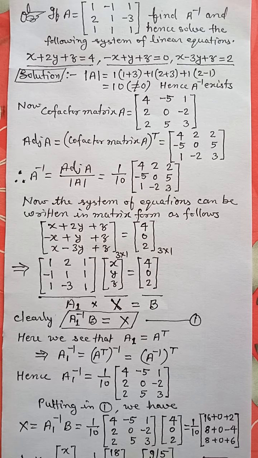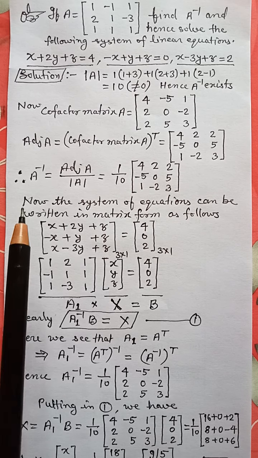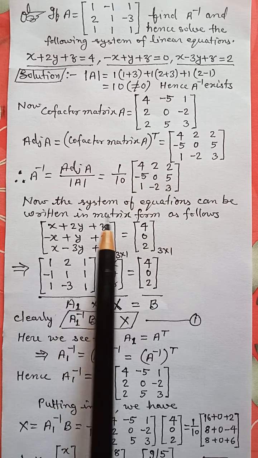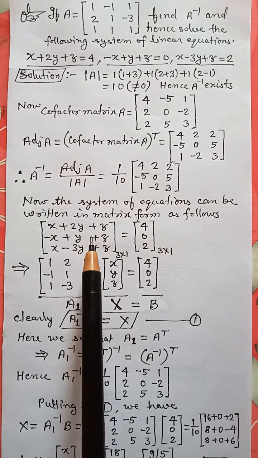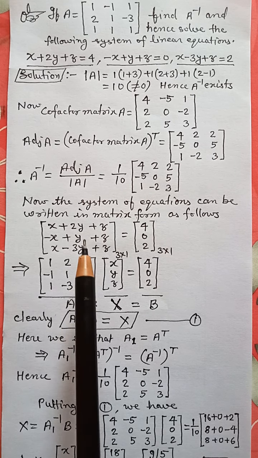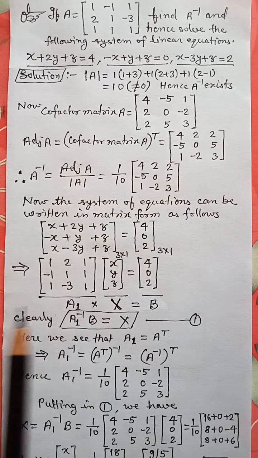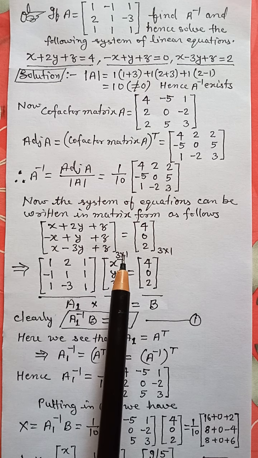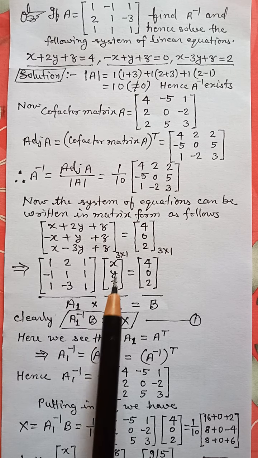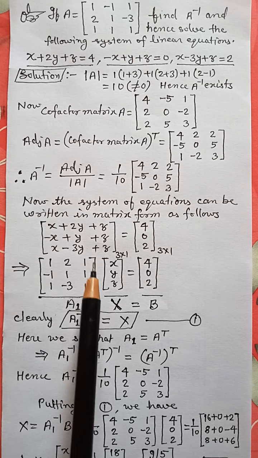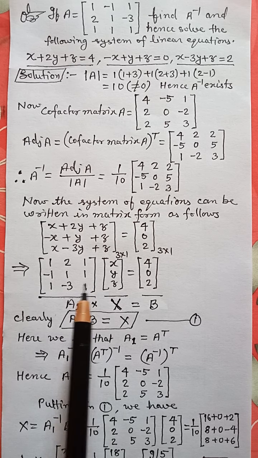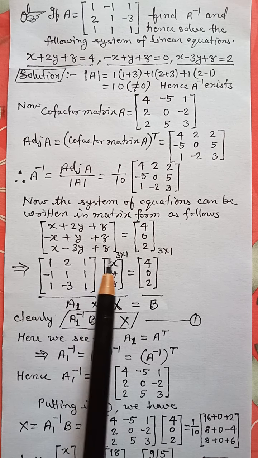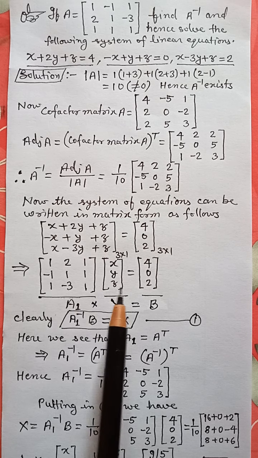Now let us try to solve the system. The system of linear equations can be written in matrix form as follows, and we have written it as usual. This matrix, which is a matrix of order 3 by 1, can be written as the coefficient matrix of order 3 by 3 multiplied by the matrix of variables, which is 3 by 1.